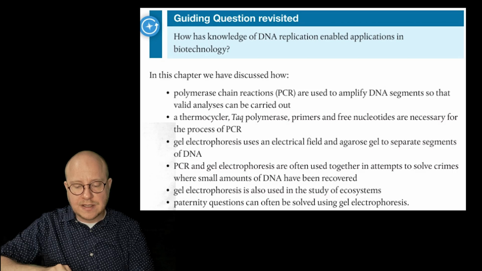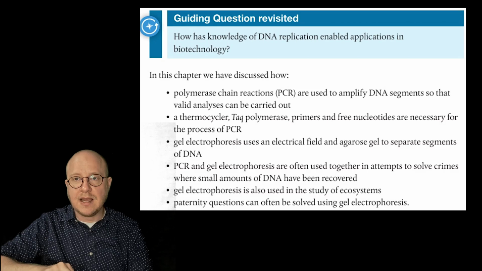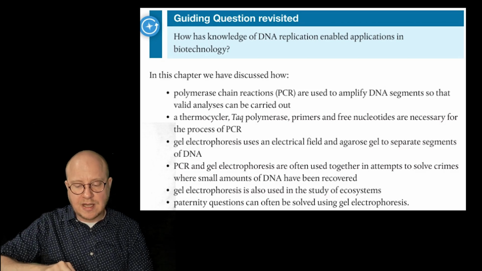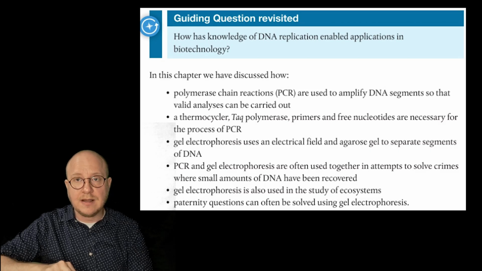Gel electrophoresis uses an electrical field and agarose gel to separate segments of DNA. PCR and gel electrophoresis are often used together in attempts to solve crimes where small amounts of DNA have been recovered. Gel electrophoresis is also used in the study of ecosystems. Paternity questions can often be solved using gel electrophoresis.